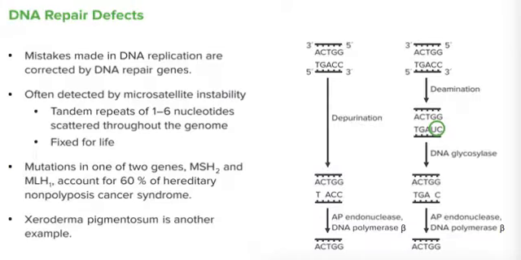What you find here on the right is that you have your DNA and you have a double helix. Next, you find depurination, and then you have what is known as an endonuclease, and then finally DNA polymerase, which helps you put back a part of the strand which is then being removed.